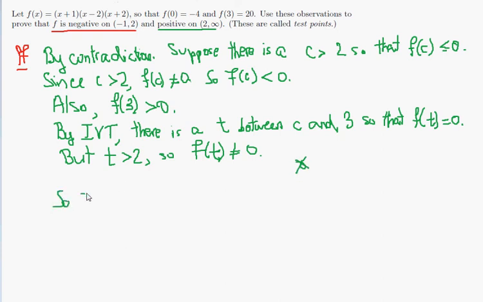So f must be positive on the interval from 2 to infinity. And that's the end of the proof. And similarly, the logic would apply for the other intervals from negative infinity to negative 2, and also from negative 2 to negative 1.